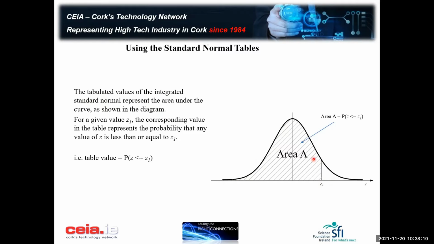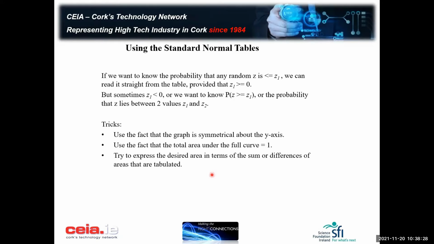The value in the table represents the probability that any value z is less than or equal to your specified value z1. In many cases, that's exactly what you need to calculate, but sometimes you can't quite read it directly from the table.